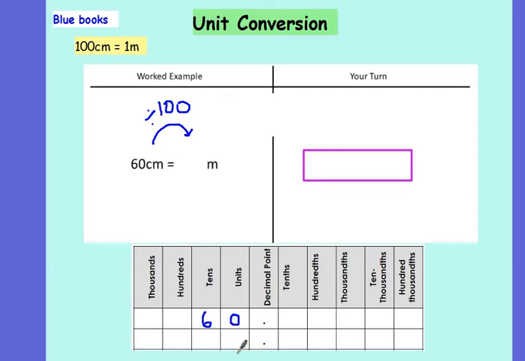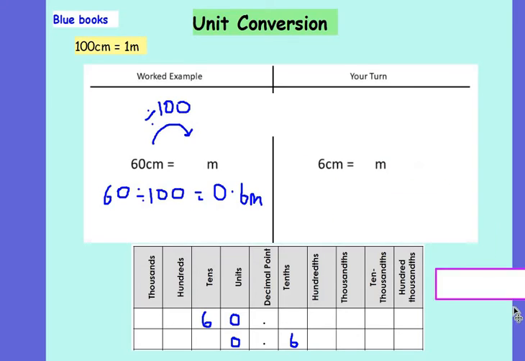If I divide 60 by 100, I move all my places over 2, so my 6 ends up here. So 60 centimetres divided by 100 gives me 0.6 metres.